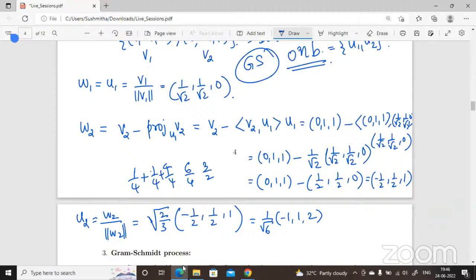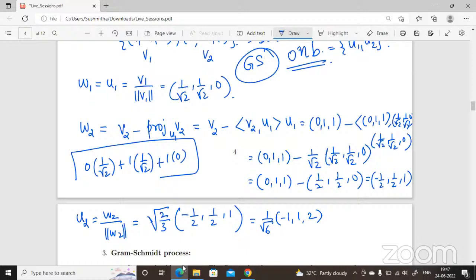In the previous step, when we did V2 minus the inner product of V2 with U1, the inner product came out to be 0, 1 by root 2, 0. But we took it as 1 by root 2, 0. Inner product is a number, no? 0 times 1 by root 2 plus 1 times 1 by root 2, plus 1 times 0. So this is the inner product. That's why it's 1 by root 2. Thanks.